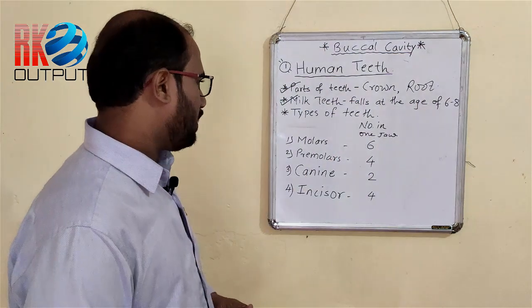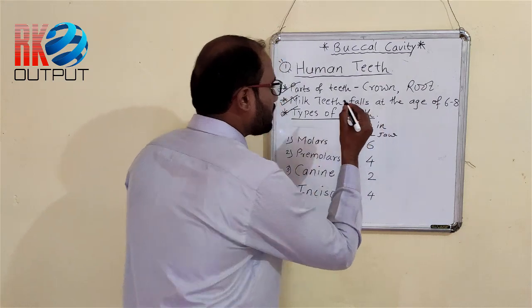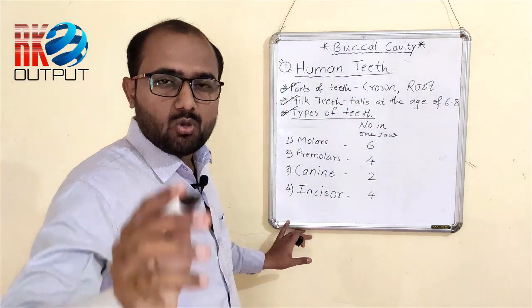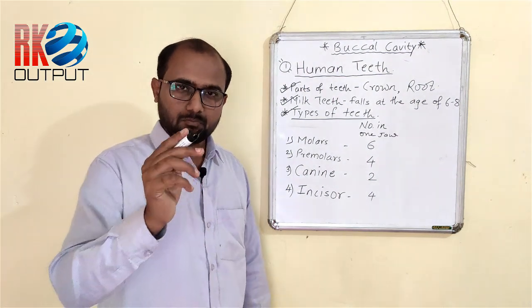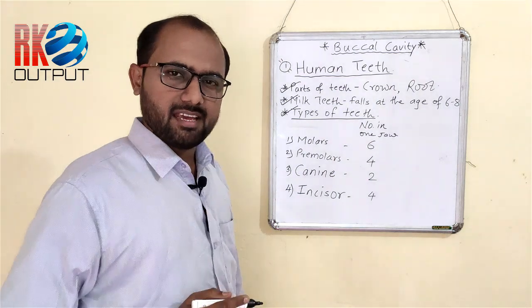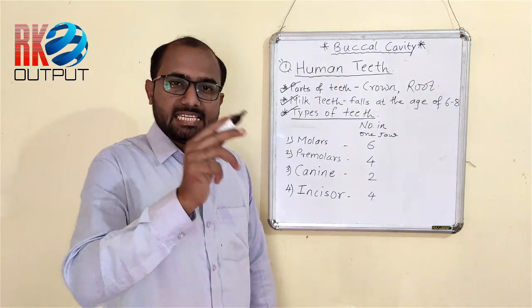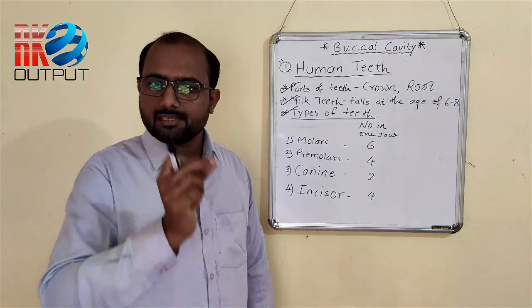Let us go to the next part, that is types of teeth. So in types of teeth we are going to study the various types of our teeth. You all have studied in class 6 about carnivorous and herbivorous animals. If you see them carefully, they both have different teeth structures.